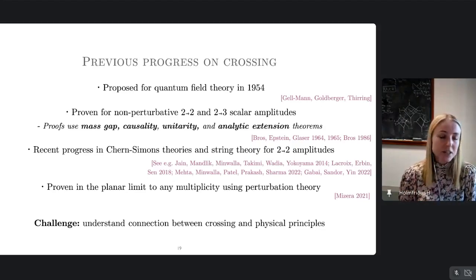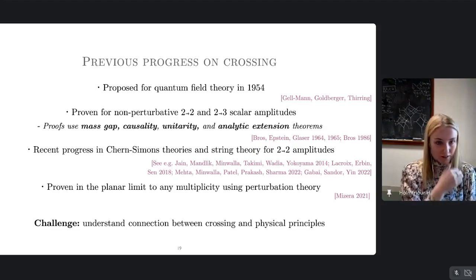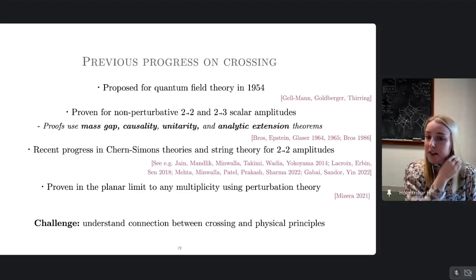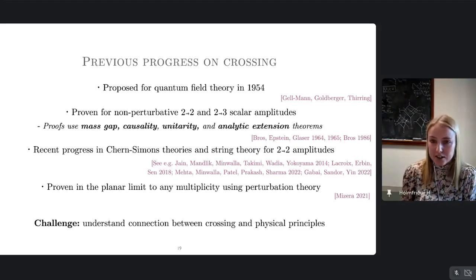And these are extremely technical proofs. If you try to go through them, they're collectively hundreds of pages, and they really use mass gap, causality, and unitarity as physical principles.